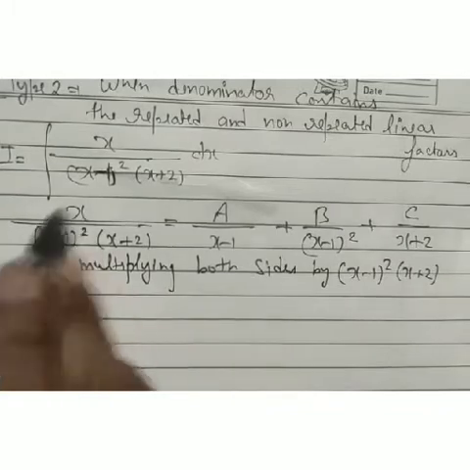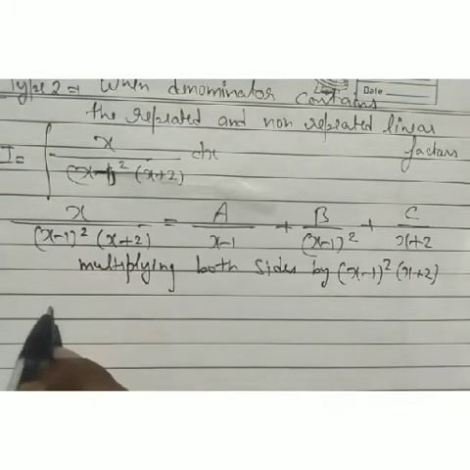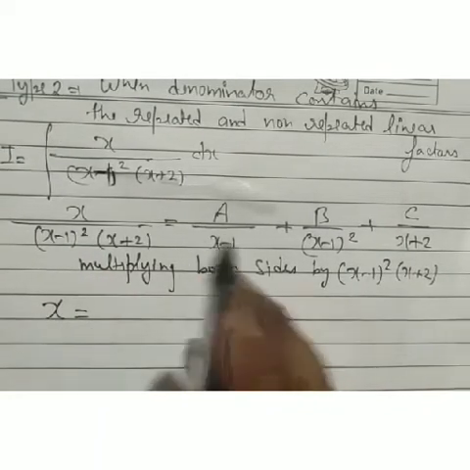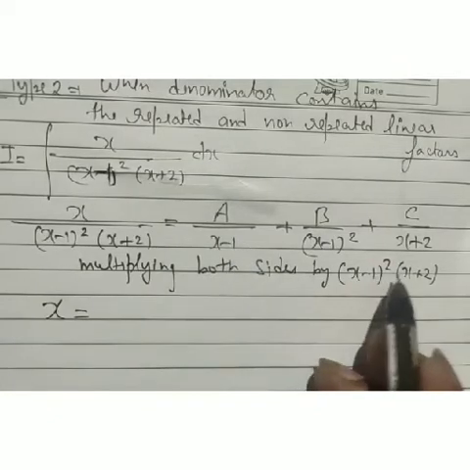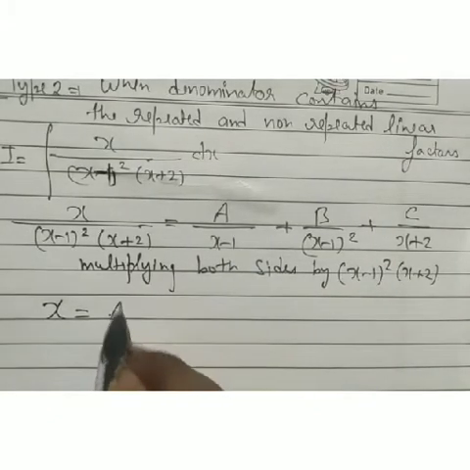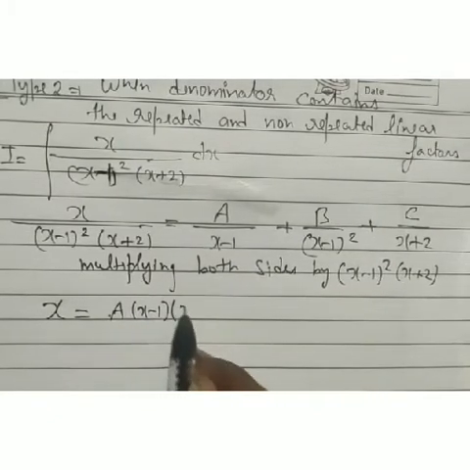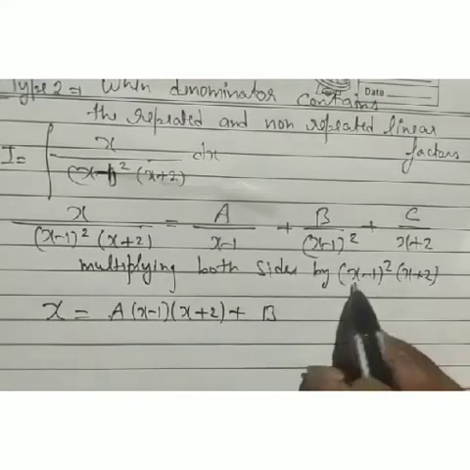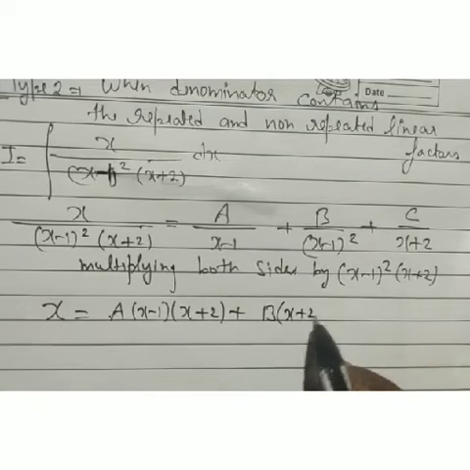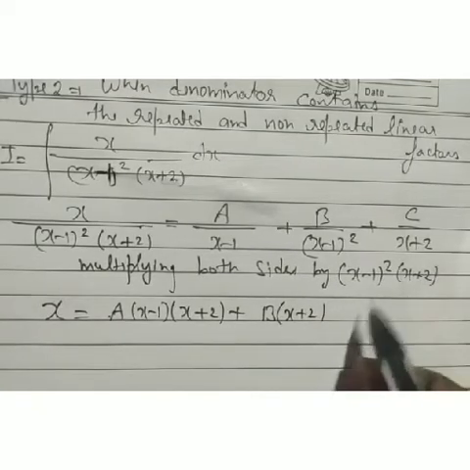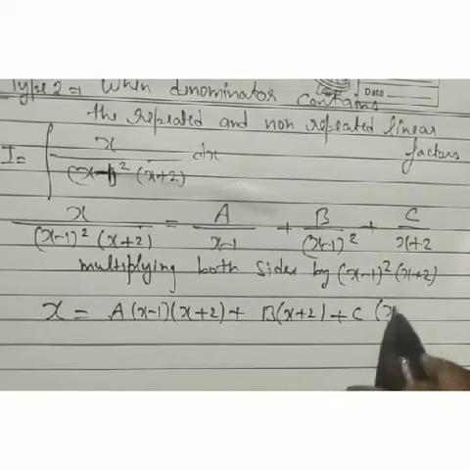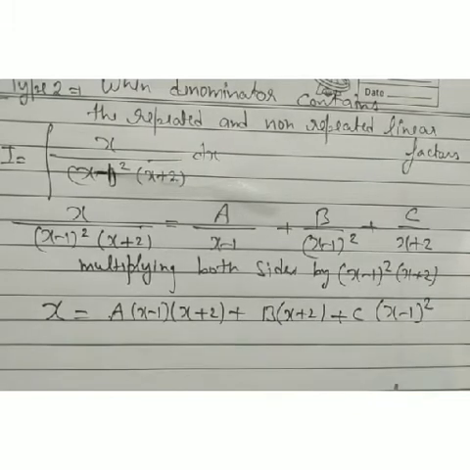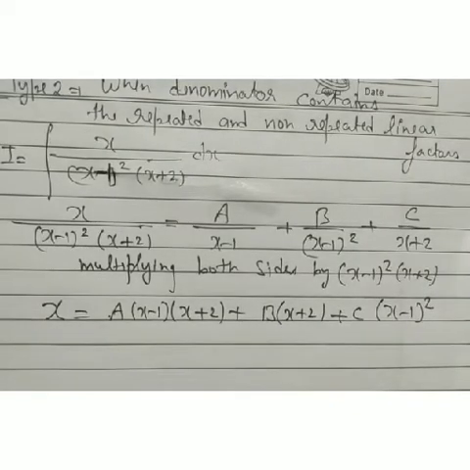And what we have here, on our left hand side, just x, and here x minus 1 cancels out, then we have A, x minus 1 and x plus 2. Here this cancels out, then we have only x plus 2, and here this x plus 2 cancels out, then we have C x minus 1 whole square. Now look, we are going to find out the values of A, B, C there.